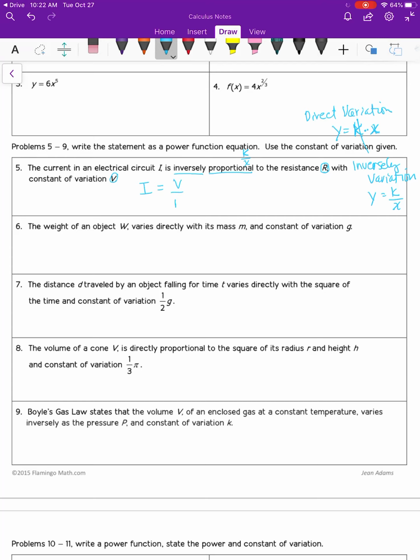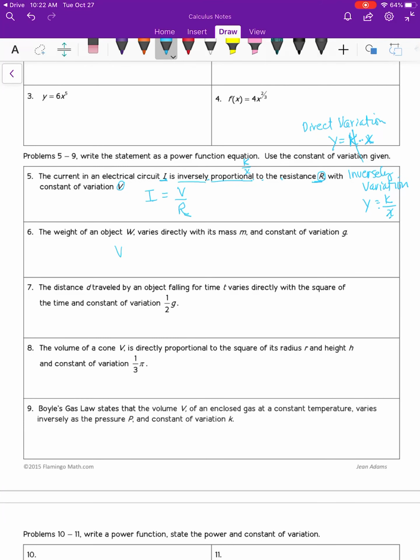So this is my constant of variation divided by R, because I is inversely proportional to R. That's like saying y is inversely proportional to x. My I goes where my y is, my R goes where my x is, and my constant of variation for this one is v.